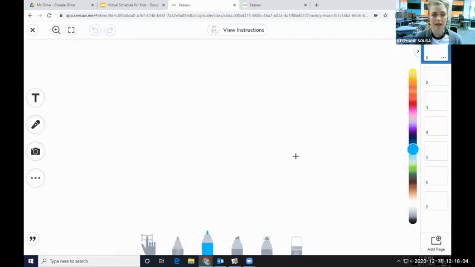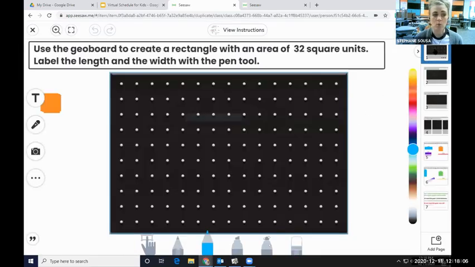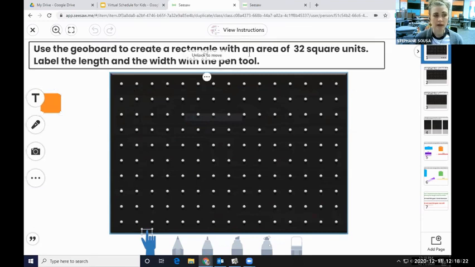So we're going to go ahead and take a look at slide 1. I want you to look at slide 1 with me. Give you a moment to get there. It says, use the GeoBoard to create a rectangle with an area of 32 square units.